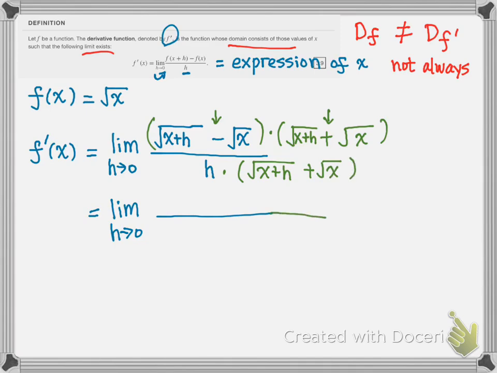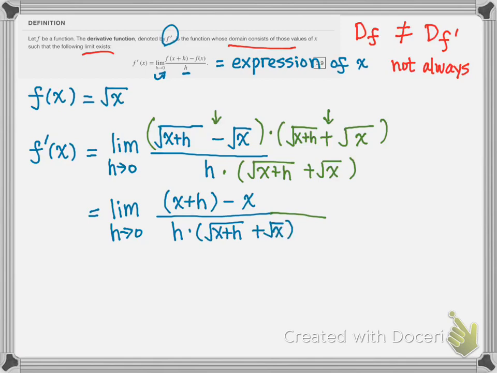Now on the top, we use difference of squares. Okay, so the first term squared is x plus h. You just get rid of the square root. The second term squared is just x. Then we divide it by h times square root of x plus h plus square root of x.